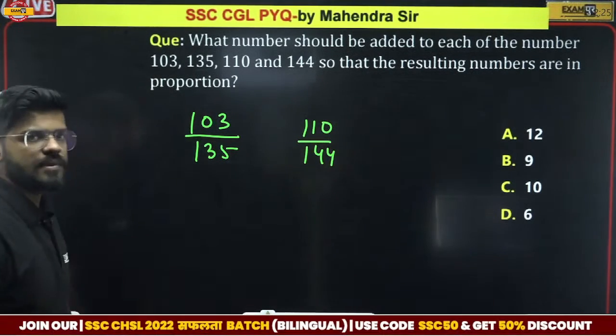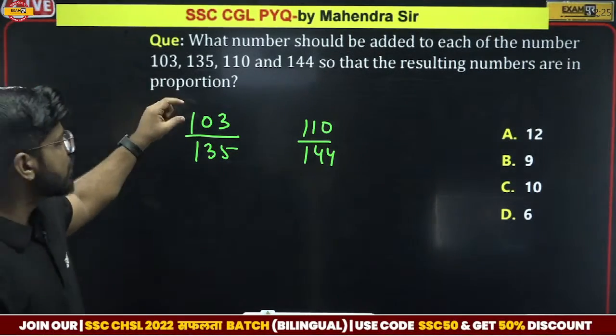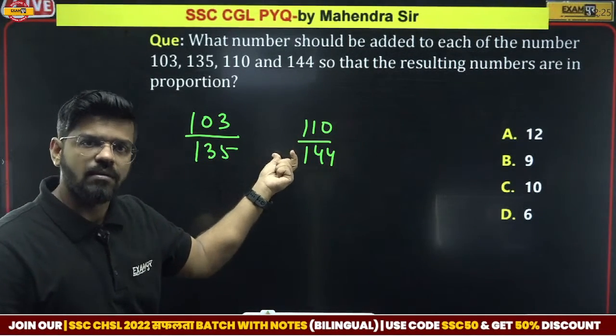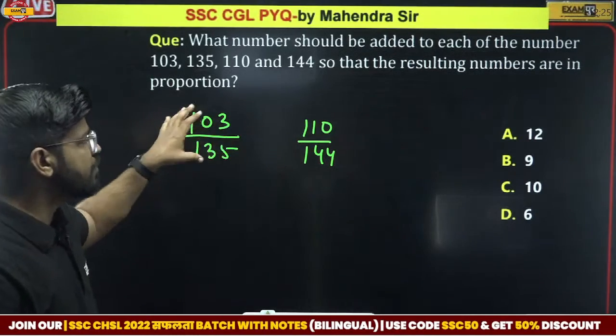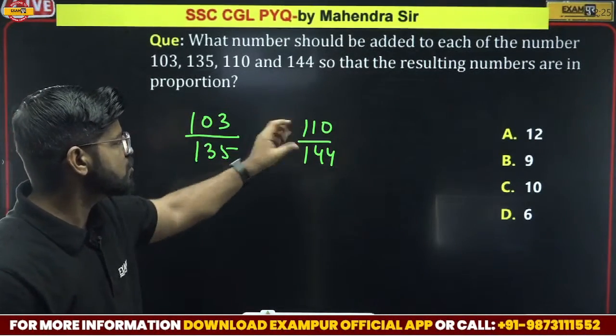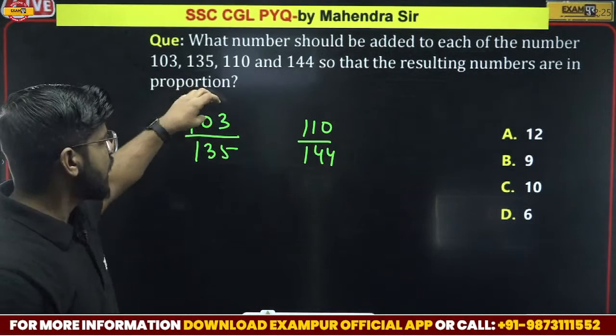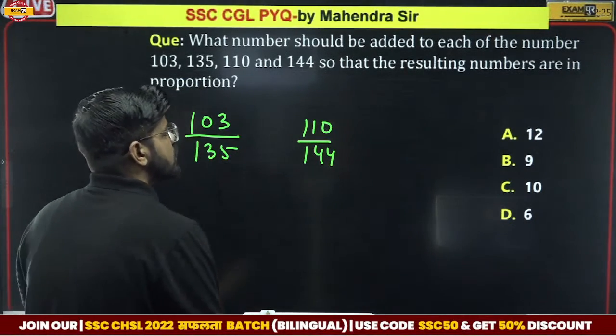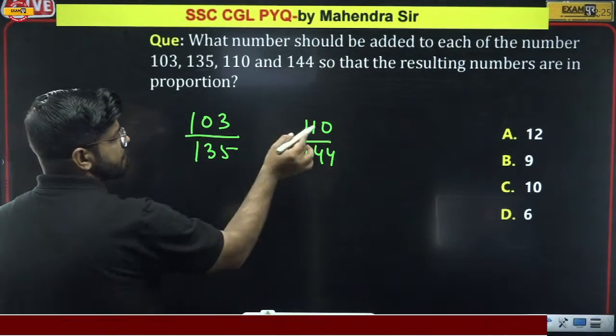Clear? We have to add a number to each of them to make these ratios equal, that is, to make it proportional. We have to add a common number to each of them. Now to find that common number, just take the difference of these two.